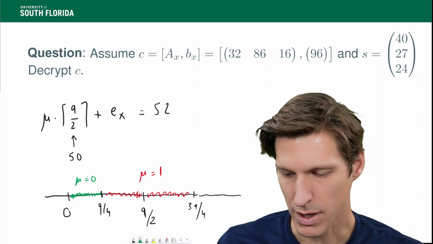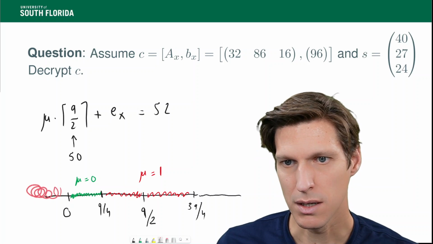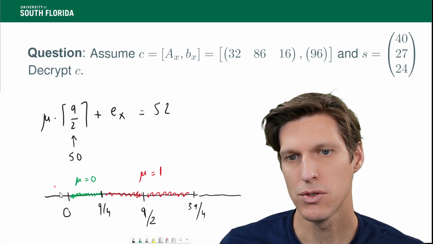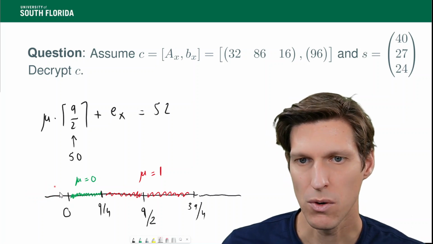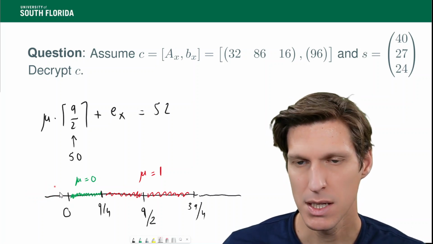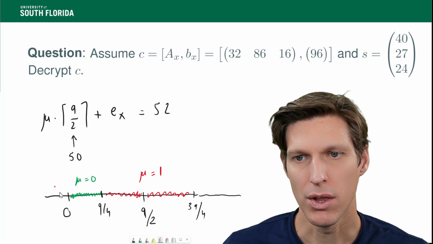Now, you also have everything here when the error is negative. This is considered to be also a 0. But when you reduce mod 101, it's going to move everything between 0 and 100.